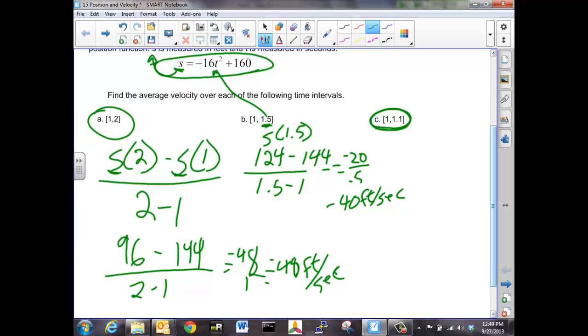When the police give you a speeding ticket for going 65 in a 55, is he looking at your average velocity or your instantaneous velocity? Instant, because he hit you with the radar, and in that instant he knew you were going 65. He didn't have somebody sitting a mile up the road to say, all right, what time did he pass here? Click, and click it again a mile down the road. He got an instantaneous velocity. You were doing 65 miles an hour.